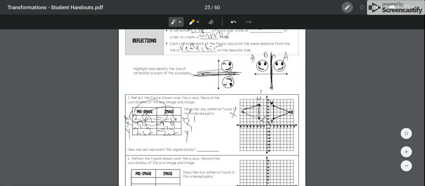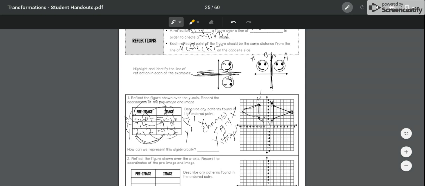And the same with the Y. The sign changes on that, but your Y stays the same. So if you're going to describe that, the X becomes its opposite, or changes signs if you want to say that, and then the Y stayed the same.